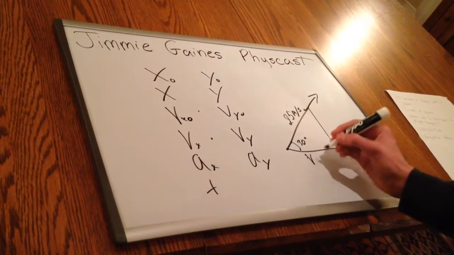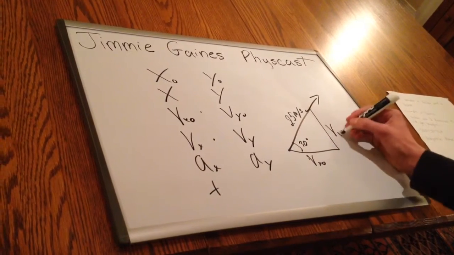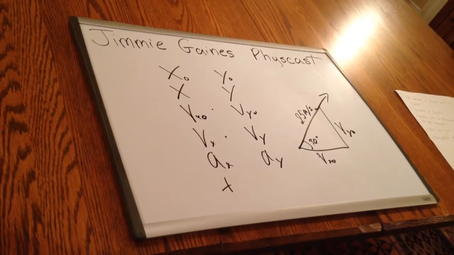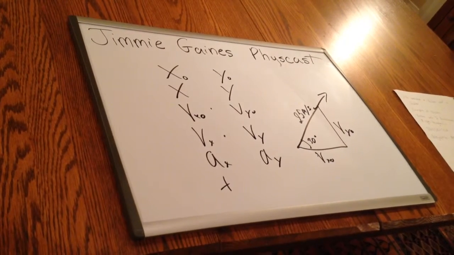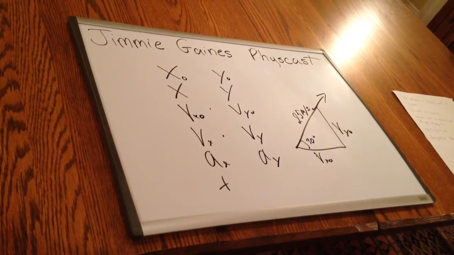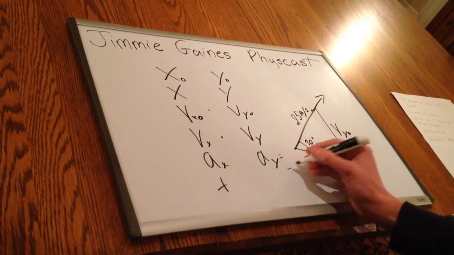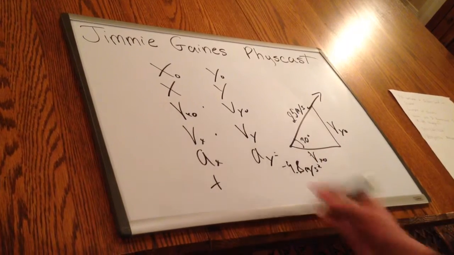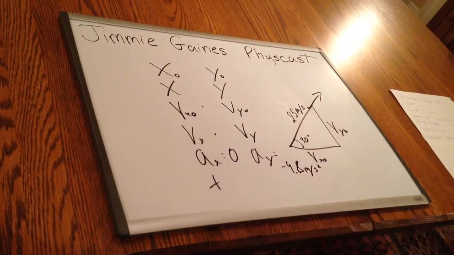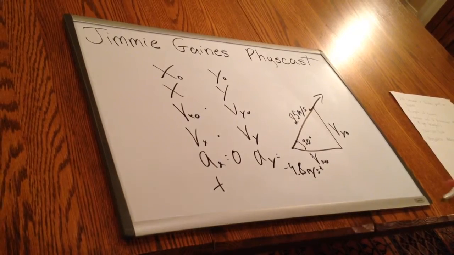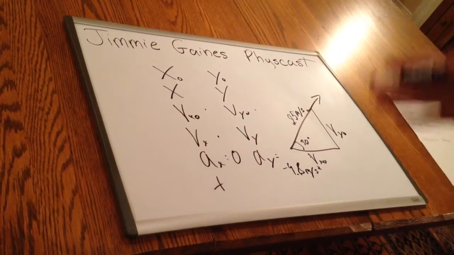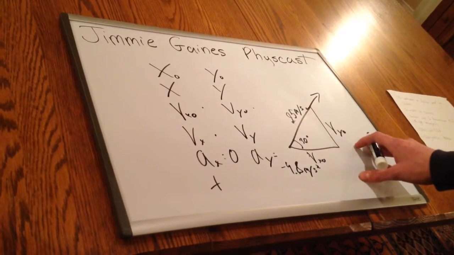However, when you're finding the velocity in the y direction, that will only be the starting velocity, as there is an acceleration for y. So we know the acceleration for y is negative 9.8 meters per second squared. Well, for a, it's 0. So we're going to do the same exact thing for the x direction in this right triangle.